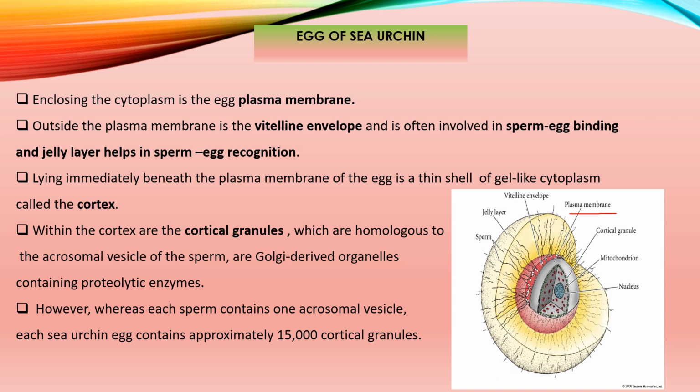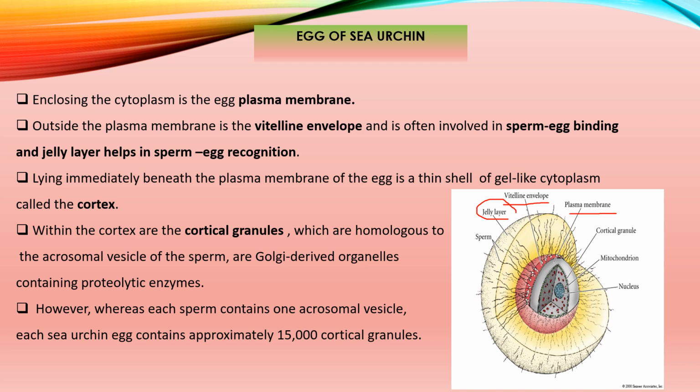Outside the plasma membrane, there is a vitelline envelope. The vitelline envelope plays an important role in sperm-egg binding. Outside of the vitelline envelope, there is a jelly layer. The jelly layer helps in species-specific sperm-egg recognition. So the vitelline envelope helps in sperm-egg binding, and the jelly layer helps in sperm and egg recognition. We'll discuss it later.